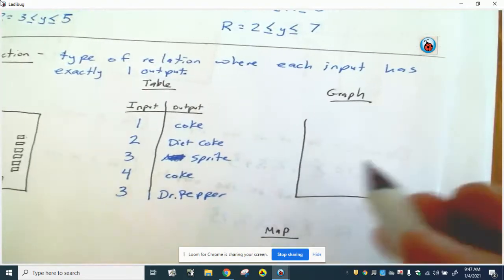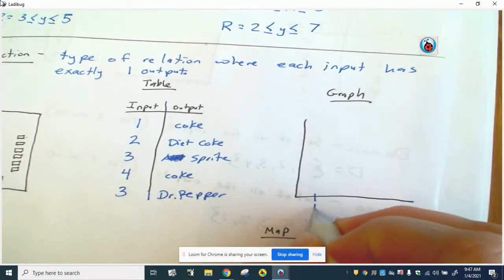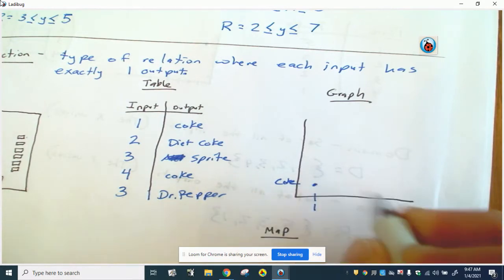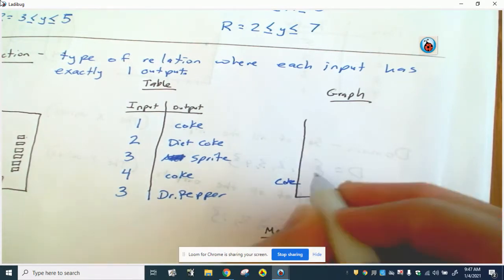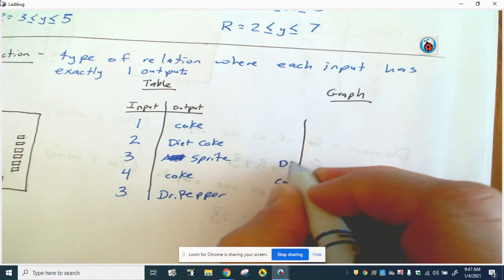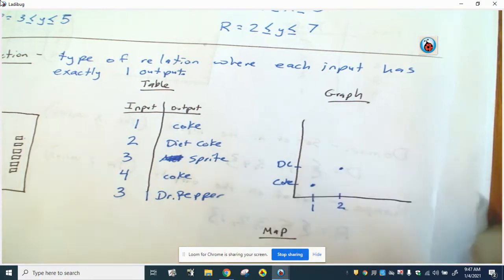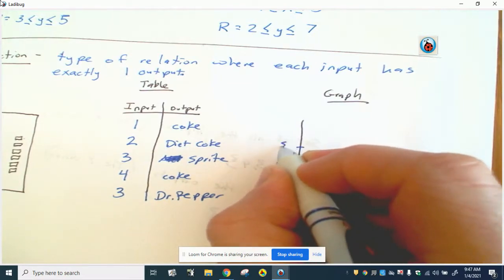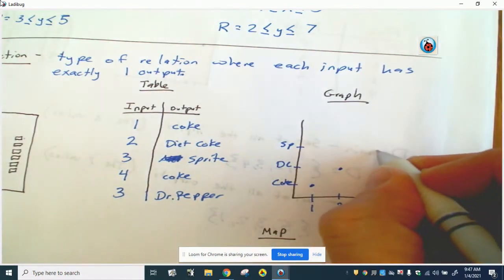If I look at that graphically, if I press the first button, I got a Coke, right? And then I press the second button, and I got a Diet Coke. We'll put DC there. And then I press the third button, and I got a Sprite, right?